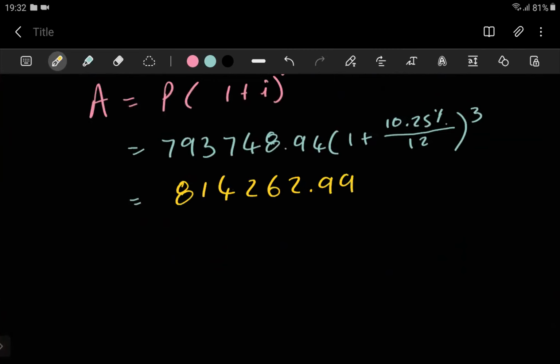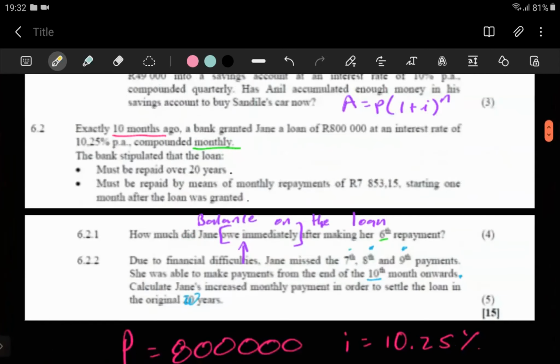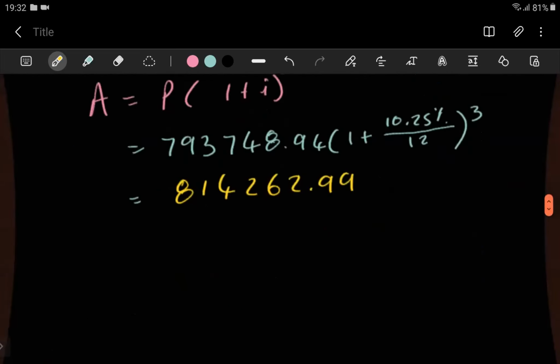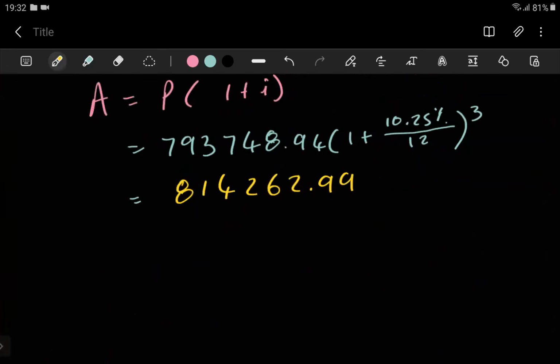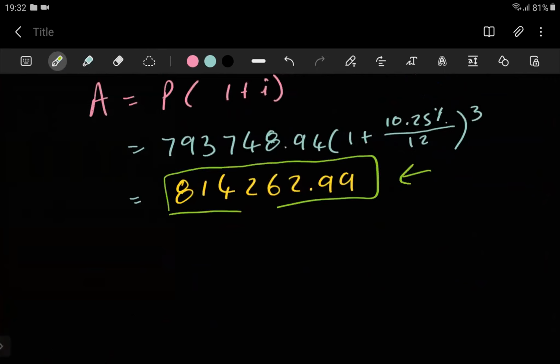So that's what they want you to do. Now you know what the amount is when the new time period starts. So this is technically the new loan value, and this is the money that he's going to be paying off. Since the loan was being paid over 20 years, you have to remember he had 20 times 12 equals 240 months.